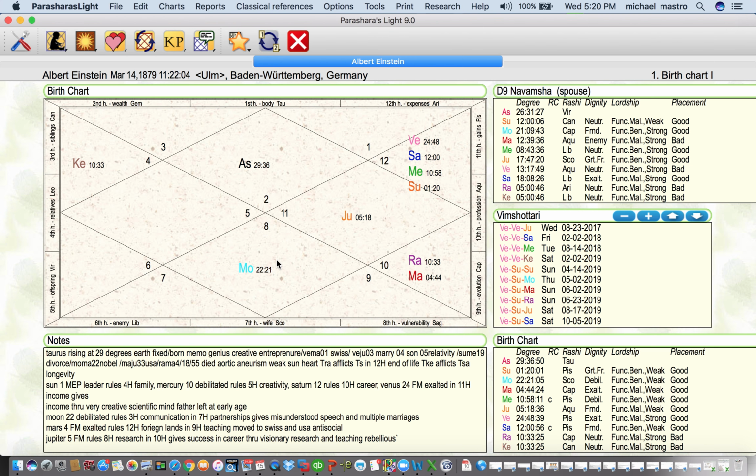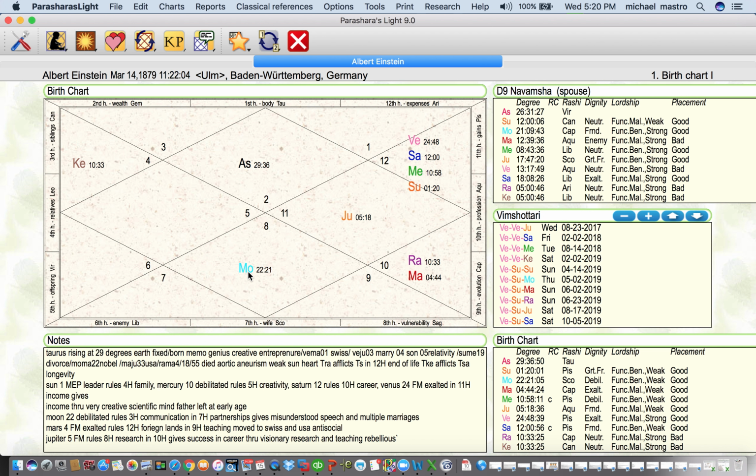Moon is ruling the house of entrepreneurial success, communication, and it's pretty well placed. But it could also be strengthened. So he got a lot of intuition, I think. And his wife, now he's in this house of relationship.